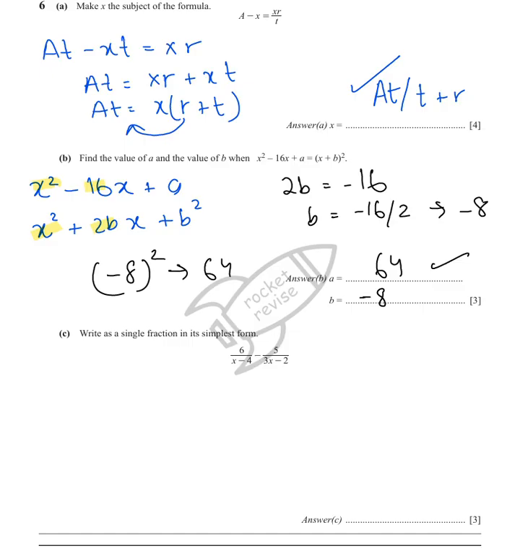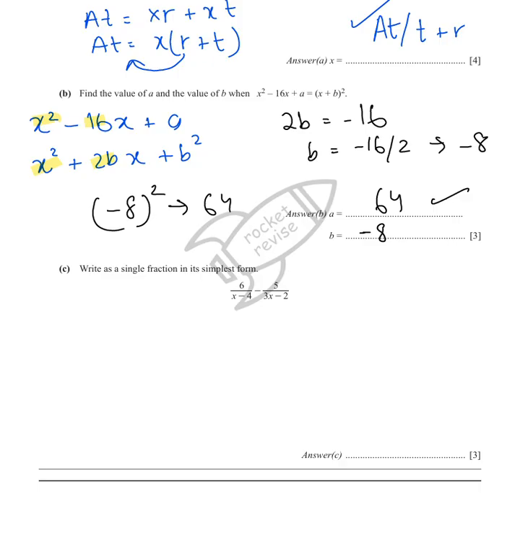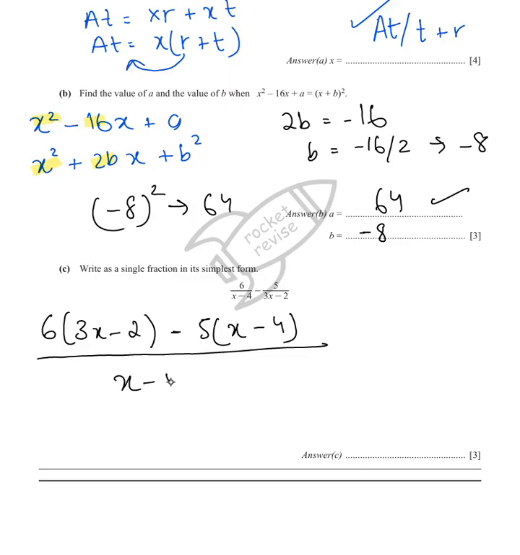Okay, everyone, write as a single fraction in its simplest form. Let's solve this one. 6 multiplied by 3x minus 2 minus 5 multiplied by x minus 4, and then the denominators will remain same.